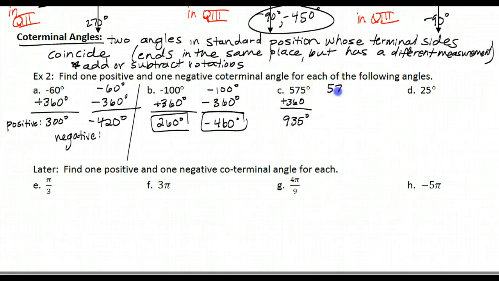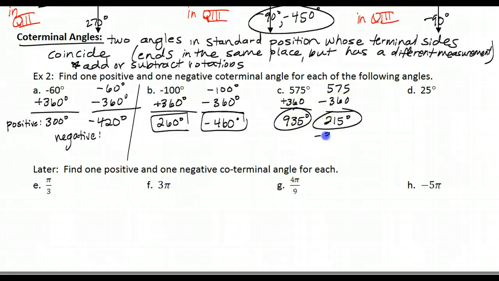But it actually turns out that if I subtract 360 from 575, 575 is such a big number that I still end up in the positive zone. So there's an infinite amount of positive coterminal angles I could find, because you just keep adding 360. But either of these would be a correct answer for the positive coterminal angle.